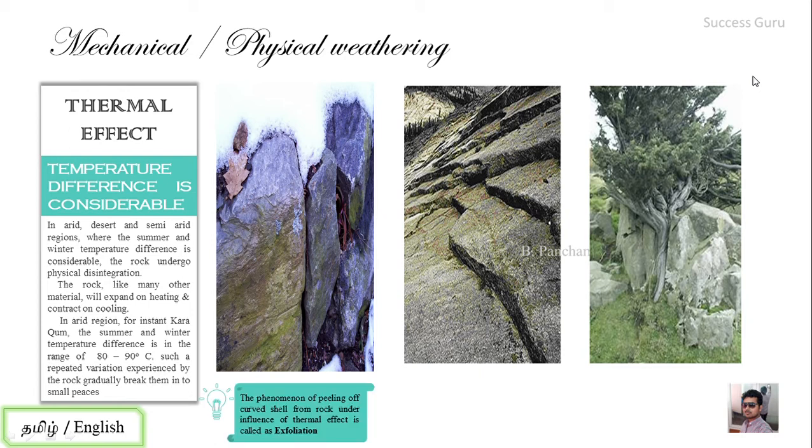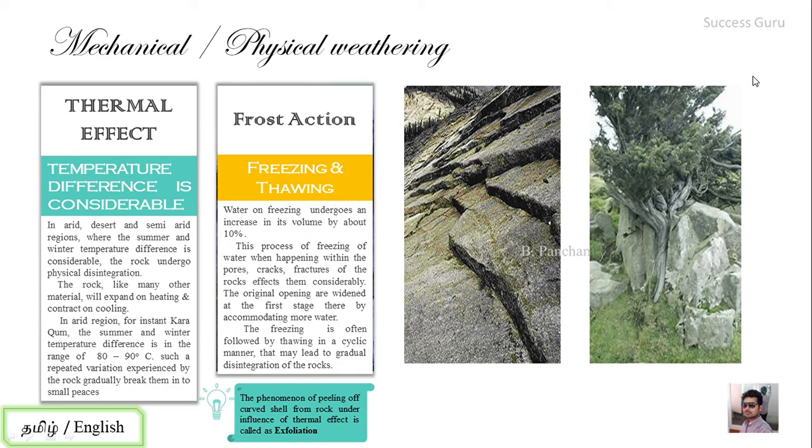The phenomenon of peeling of curved shells from the rock under the influence of thermal effect is called exfoliation. The next one is frost action, in which freezing and thawing take place. Water on freezing undergoes an increase in volume of about 10 percent.